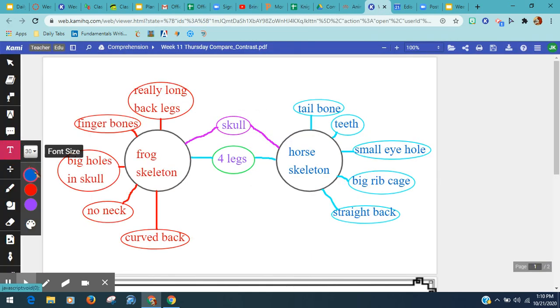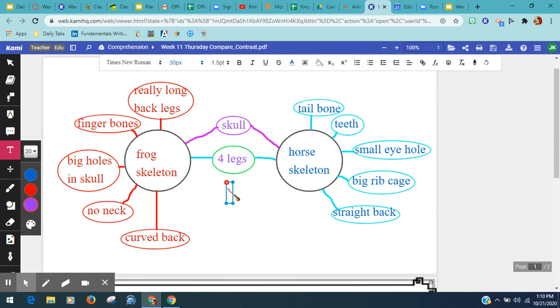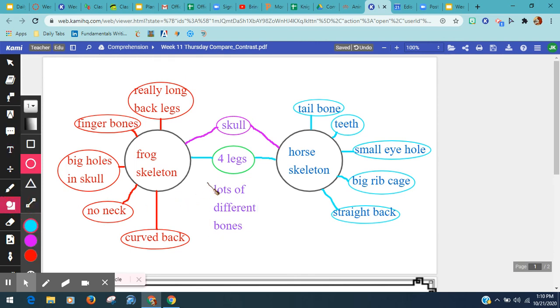We'll write that they have lots of different bones. I kind of stack my words so that they'll fit, but if you're a small writer, you could probably fit that in there. And we're making a bubble to go around it.